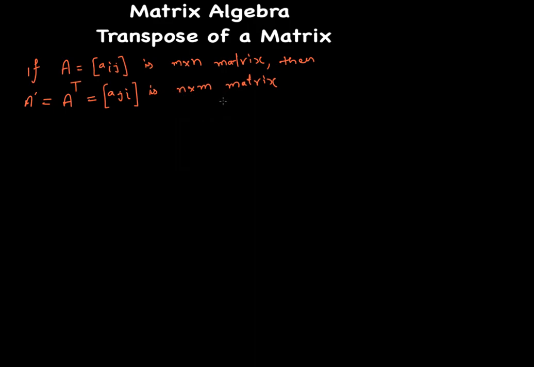So basically we change the rows of matrix A to its columns and the columns to its rows, and then we can write the transpose.